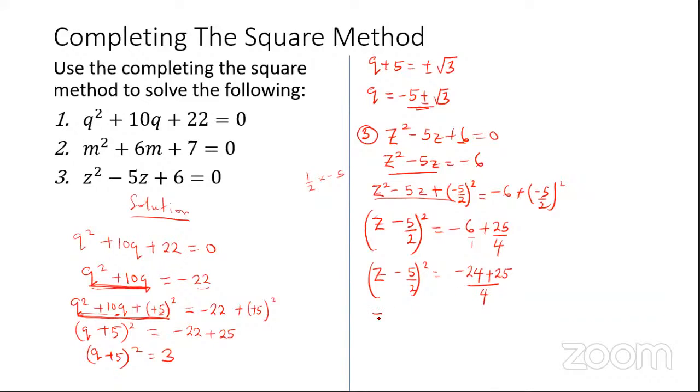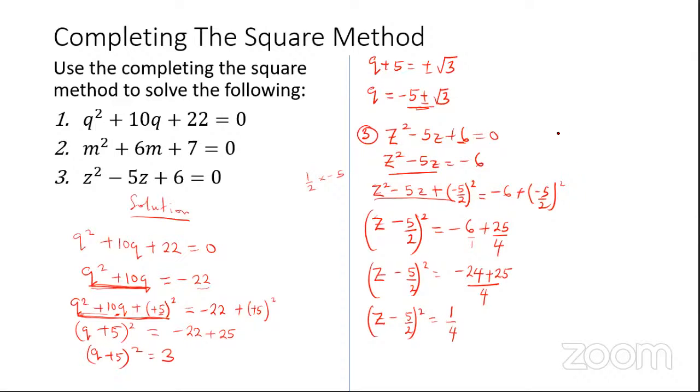So we have z minus 5 over 2 squared. That would be minus 24 plus 25 gives us 1 over 4. So just like we did last week, we need to finish this up. Square root both sides.